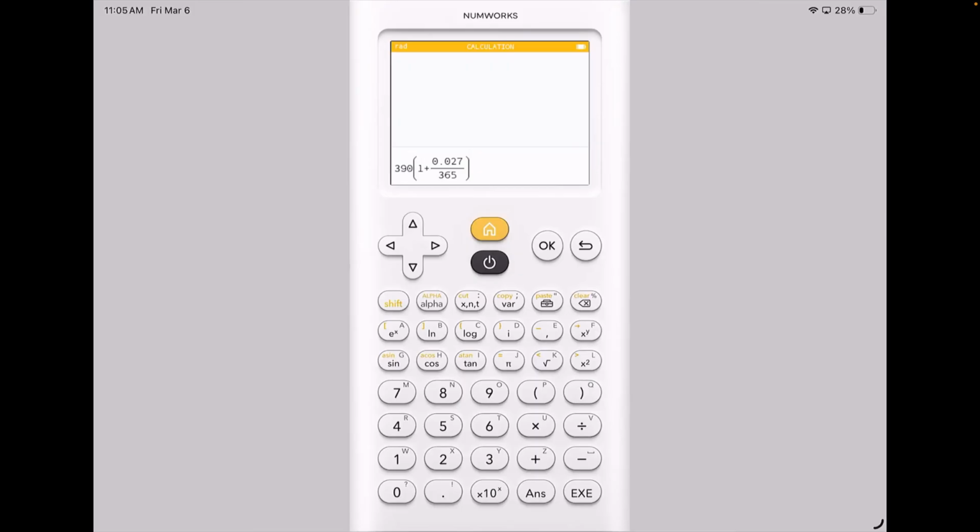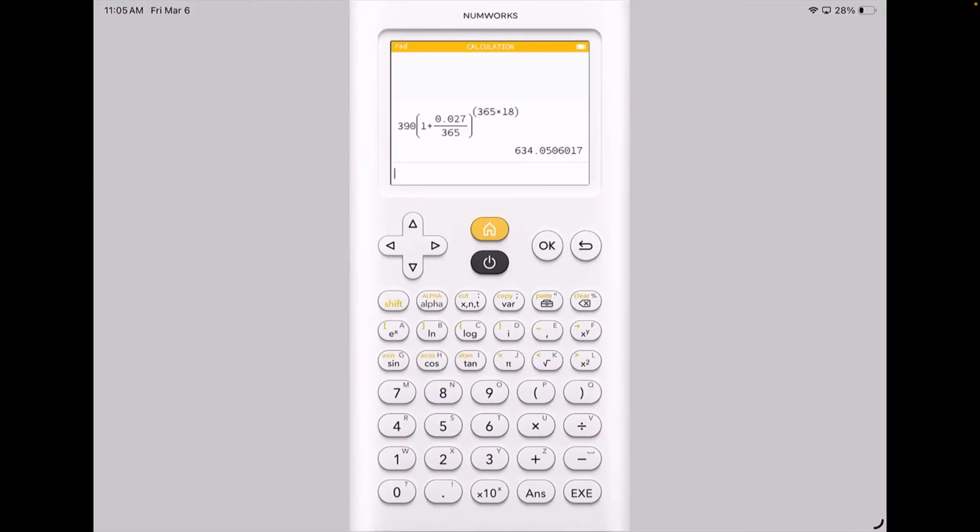When I want to multiply two things, I usually use parentheses. So parentheses 365 times 18. Close the parentheses. Hit enter. 634 and change. You're going to cut and paste that number because we don't know how much they want us to round to. So cut and paste that number.